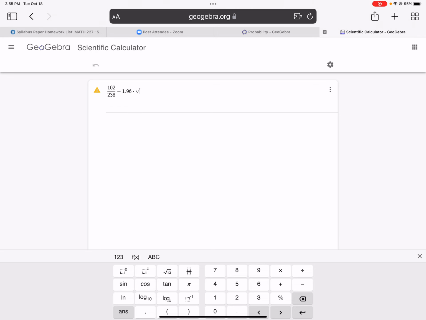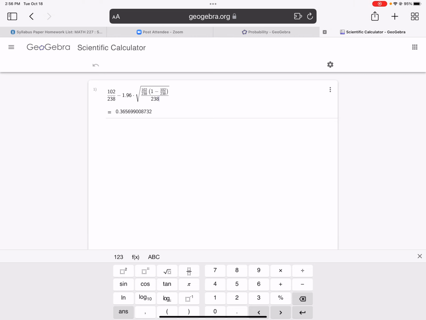Inside the square root you have a fraction, and on the top you have another fraction, which is 102 divided by 238, parenthesis 1 minus fraction 102 over 238. In the bottom we have 238. So this is exactly what we have on paper, right? We just transfer that into the scientific calculator.